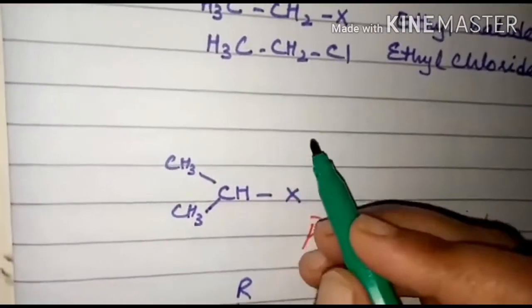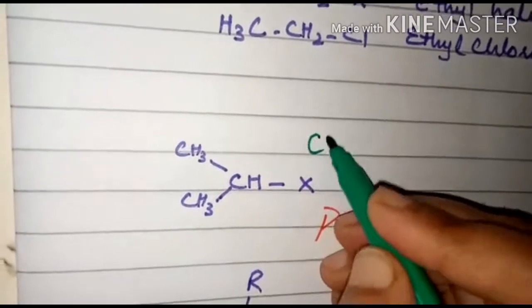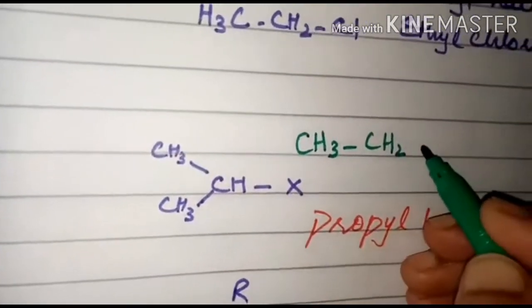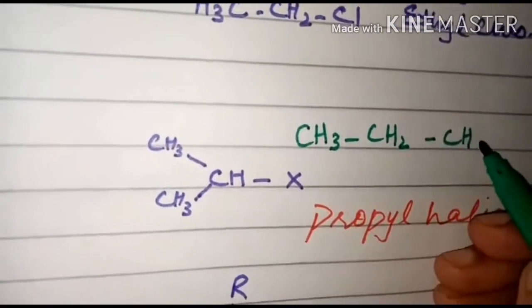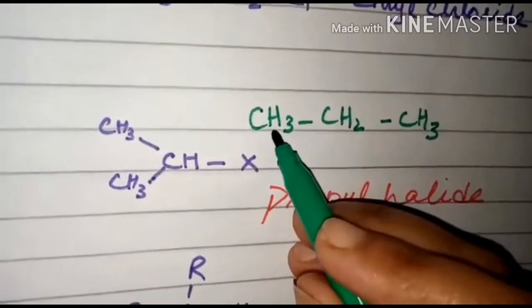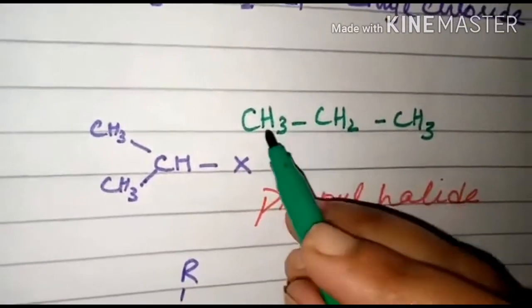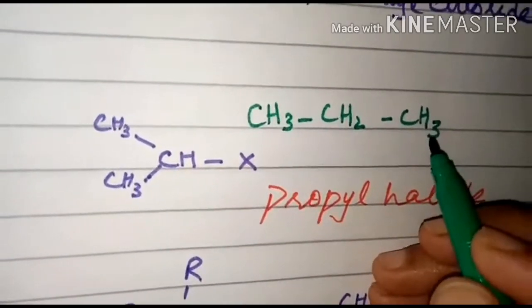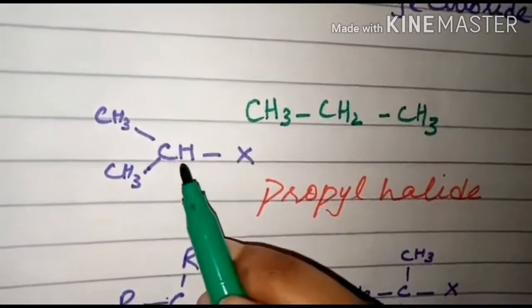from propane. What is propane? The formula of propane is CH3CH2CH3. From this propane, three carbon atoms and eight hydrogen atoms, here there are seven hydrogen atoms.